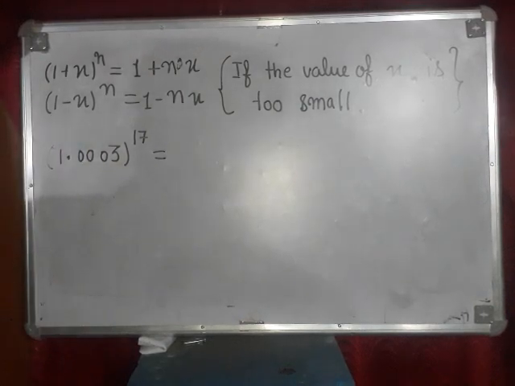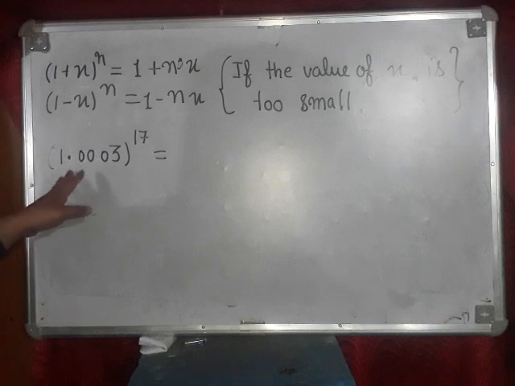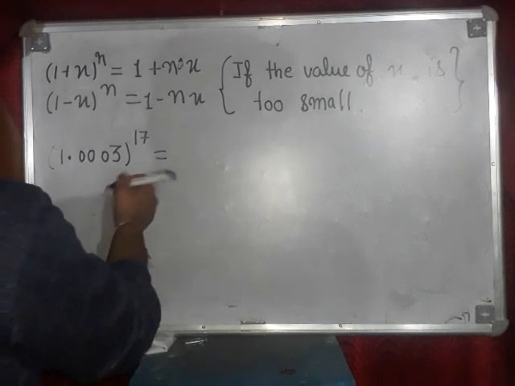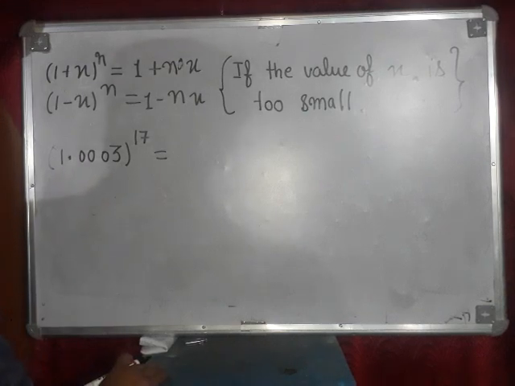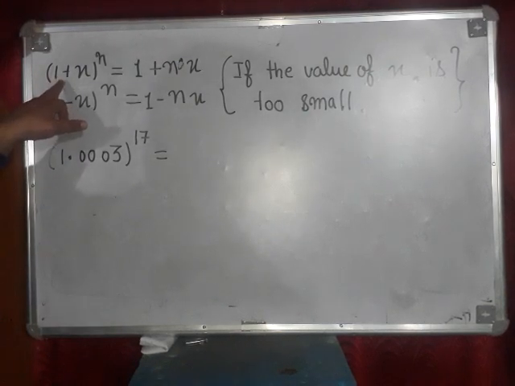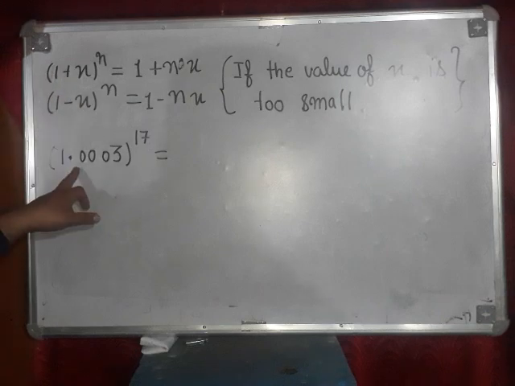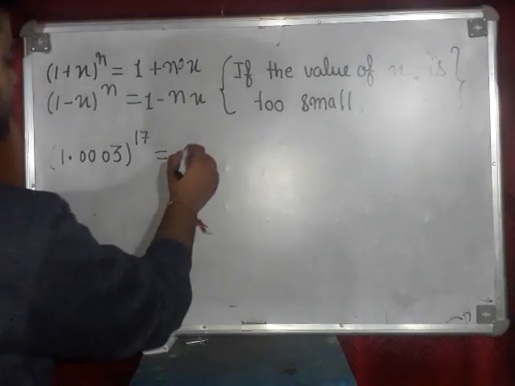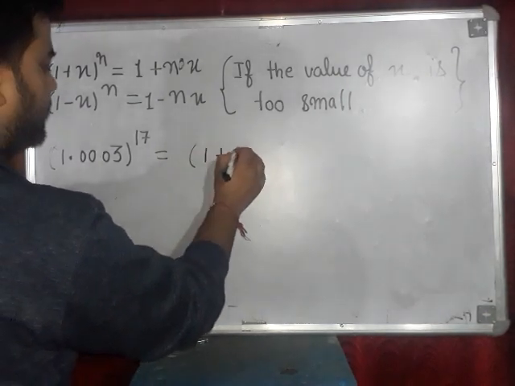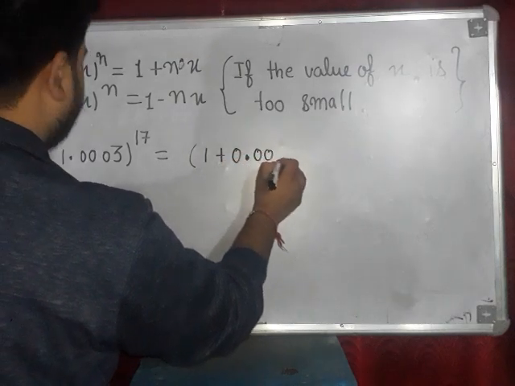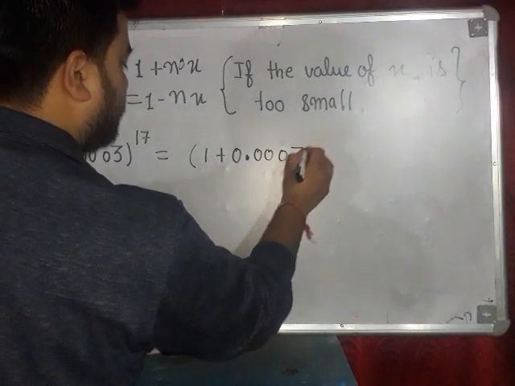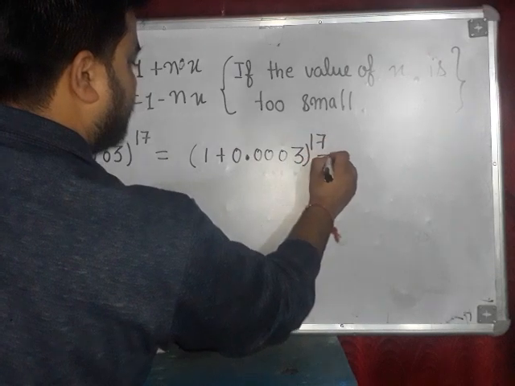When you solve by your childhood method, this question is very tough. So we solve it by binomial theorem. In binomial theorem, you want the first term 1, so I expand it as (1+0.003) whole to the power 17.